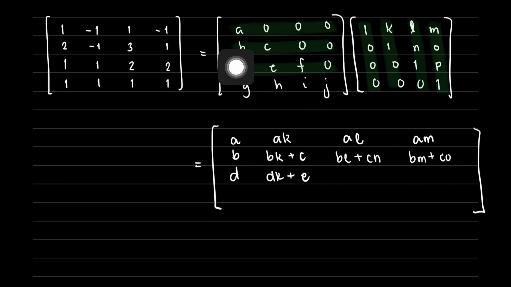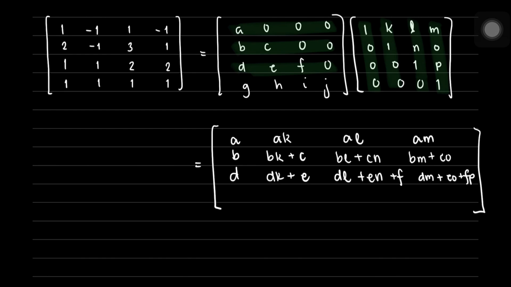Third row, third column, we have d times l, e times n, f times 1, so that's plus f. And for the last element of the third row, we have d times m plus e times o plus f times p, plus 0 times 1, or basically equal to 0.